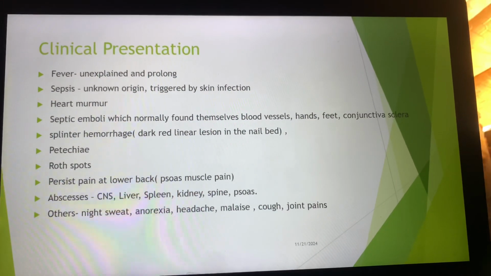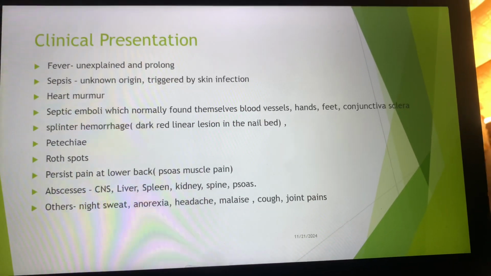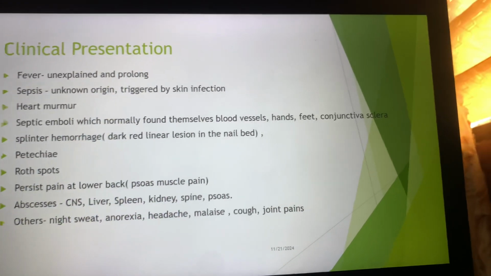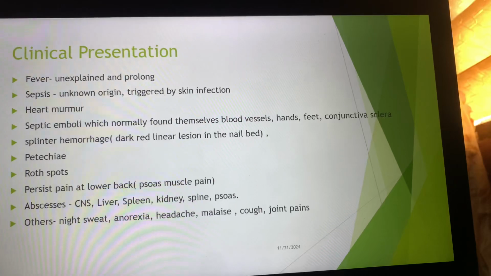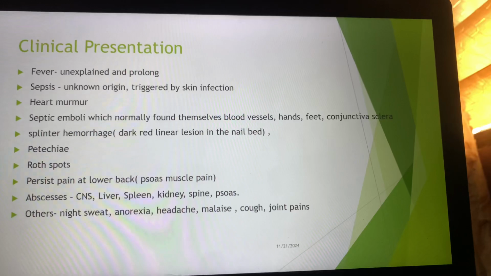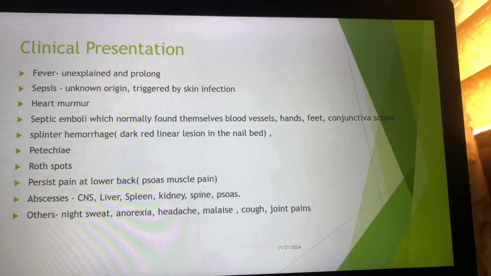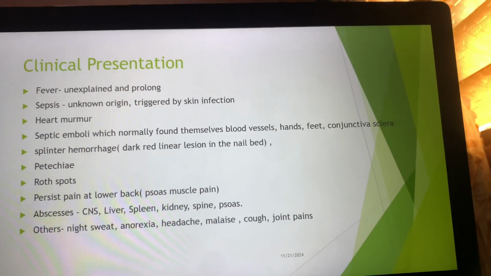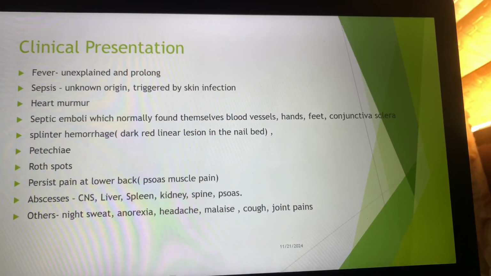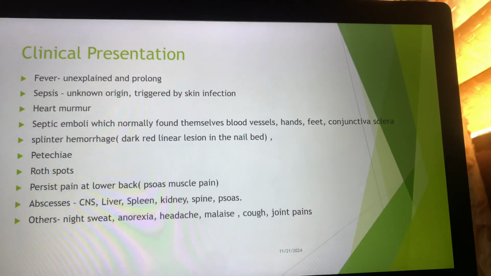Let's now look at the clinical presentation of endocarditis. We talk about inflammation. Inflammation will result in unexplained and prolonged fever. There will be sepsis, which can be from an unknown origin or triggered by skin infection. Because there is a heart valve abnormality and a chaotic manner of blood flow, you may hear a heart murmur.